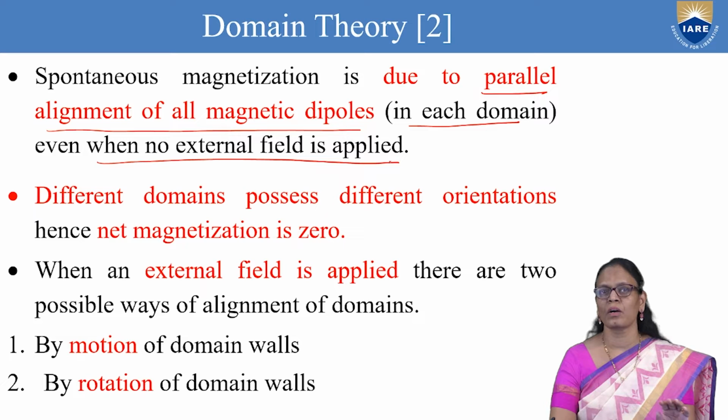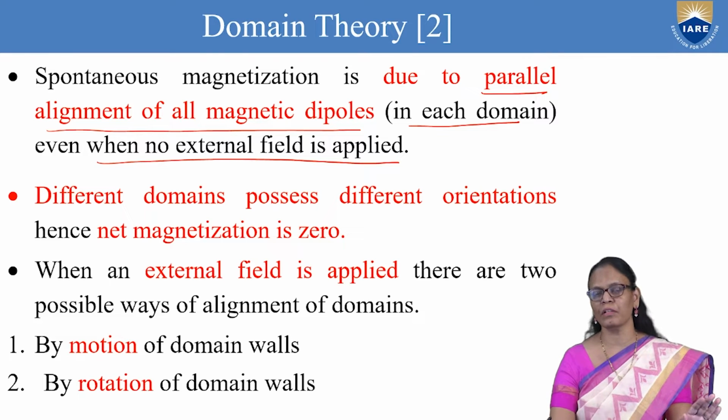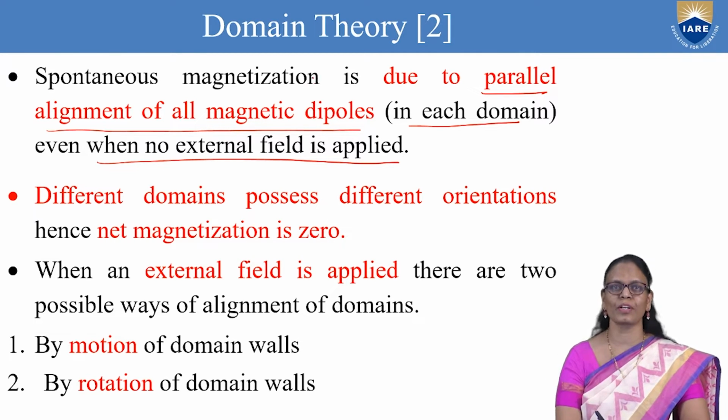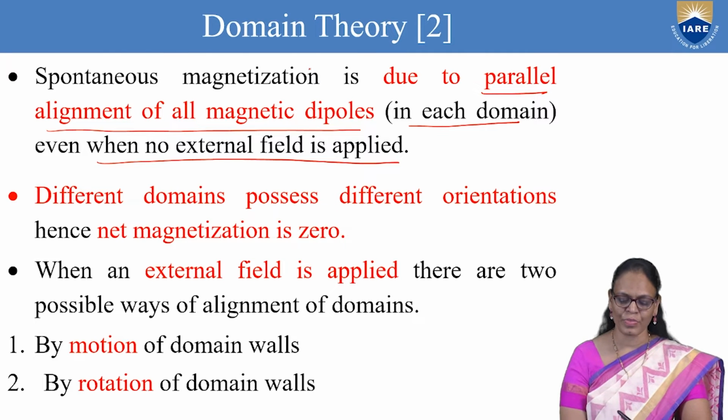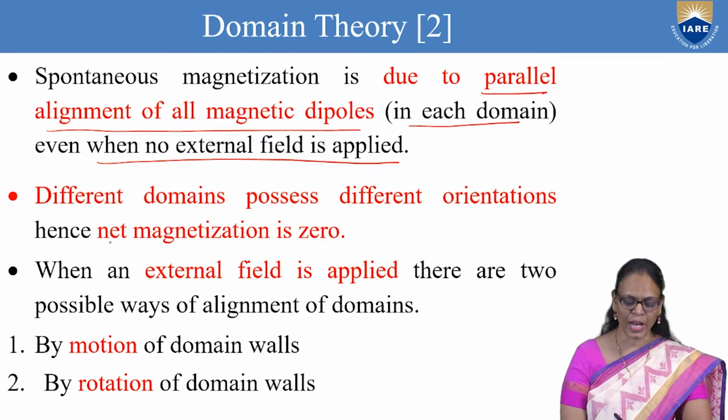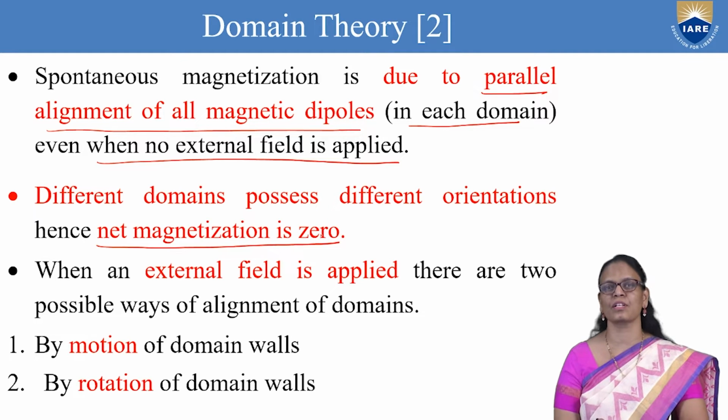Here we are not applying any magnetic field, but still all the dipoles in a given domain are oriented in the same direction, which gives rise to spontaneous magnetization. Different domains possess different orientations and hence the net magnetization is 0.